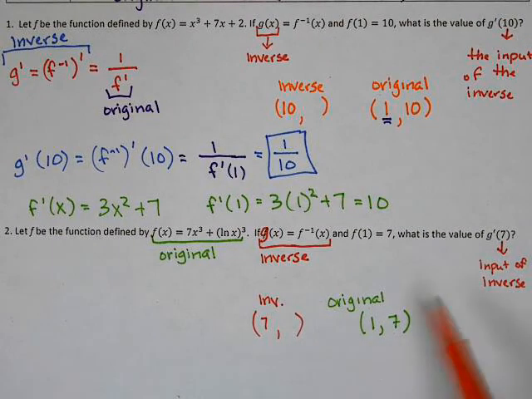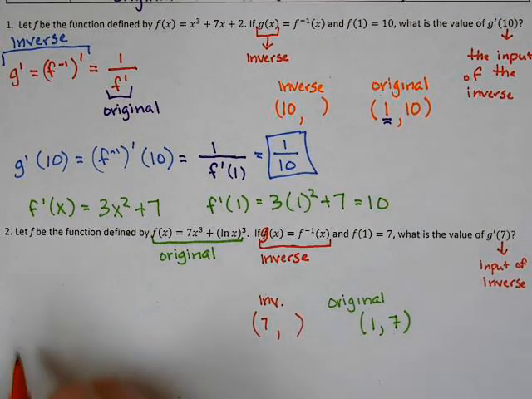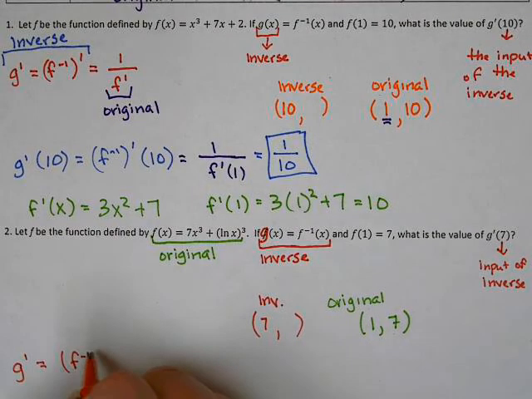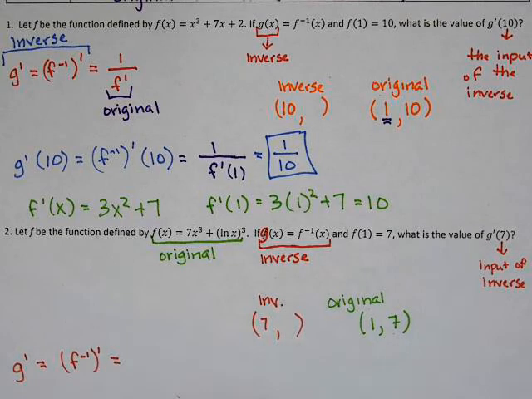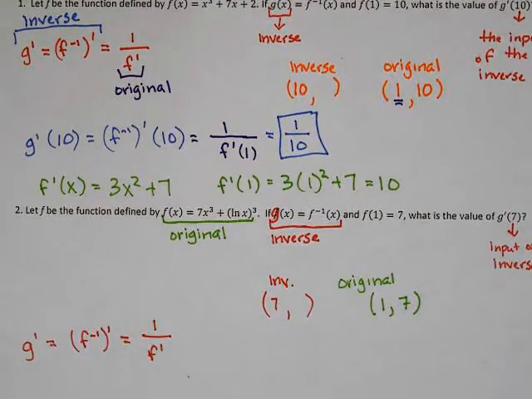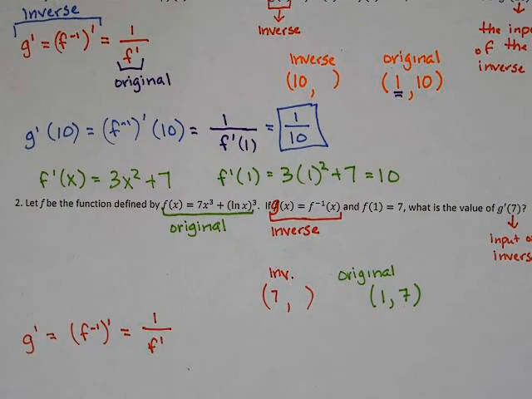I know that if I want to take the derivative of g prime is going to equal the derivative of the inverse, which we know is equal to the reciprocal of the derivative of the original. Okay, so we're doing the same thing we did in the problem above.